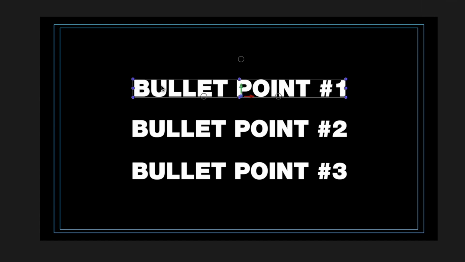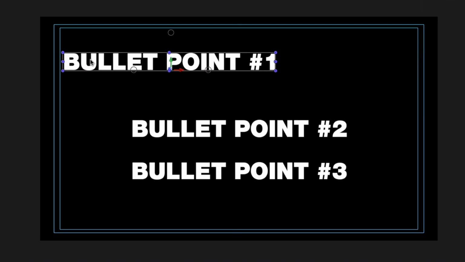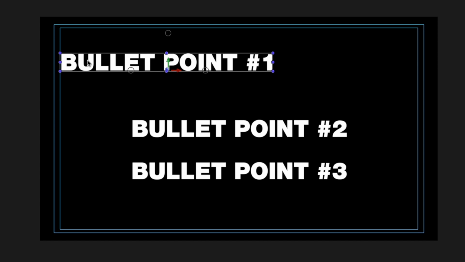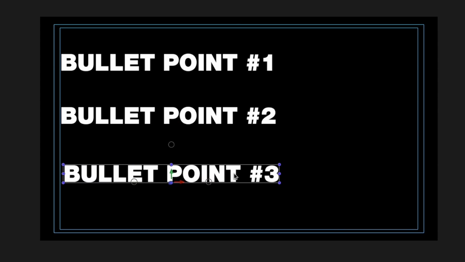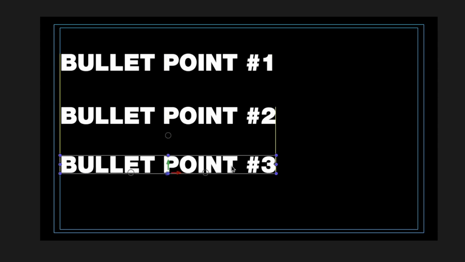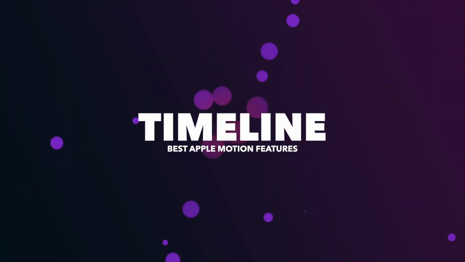These blue lines are a guideline for what is considered safe placement of elements in Apple Motion, because if you upload a video to the internet, you will see the entire canvas in playback, but if you were playing this on a television set, a lot of the frame might get cropped off at the edges. What this inner line does is it tells you where it's safe to put text, and this outer line shows you where it's safe to put graphics.